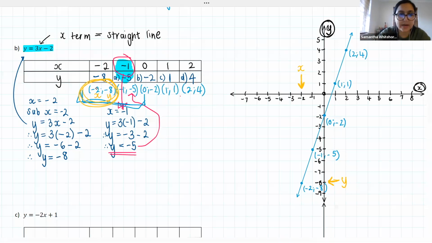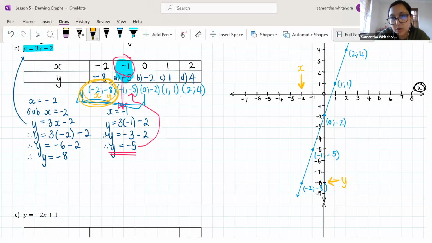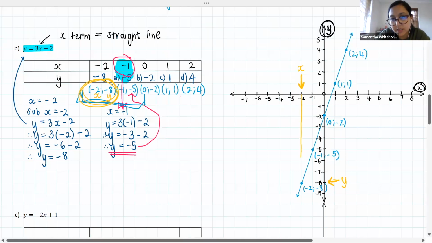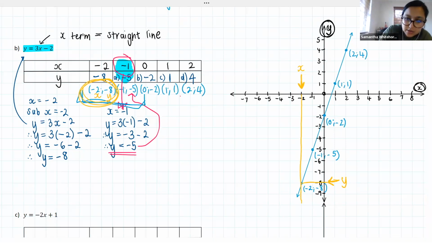That's how I know where to find which value. To plot it, we draw a line vertically all the way down, a line horizontally across, and where they meet each other, that is where I plot my point. That is how I know exactly where that point needs to be.